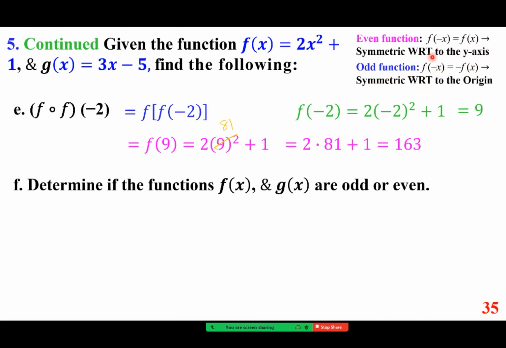And so we are going to evaluate each one at minus x. So for example, f of minus x. So replace the x with minus x. So when you square it, you get the same thing. This becomes x squared, so it's 2x squared plus 1. And since it's identical to f of x, it makes it an even function.